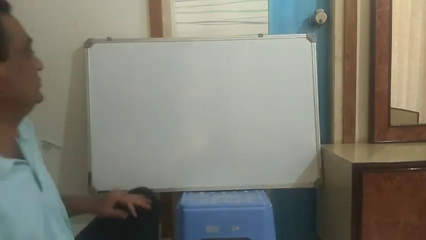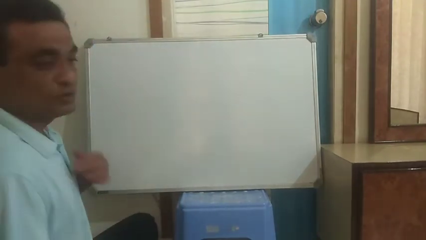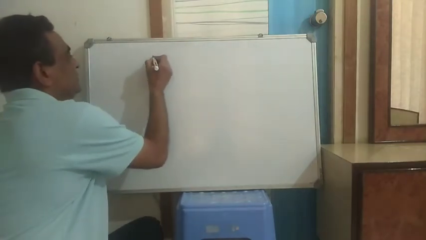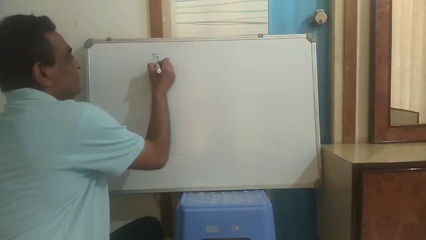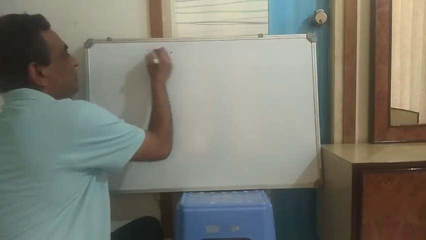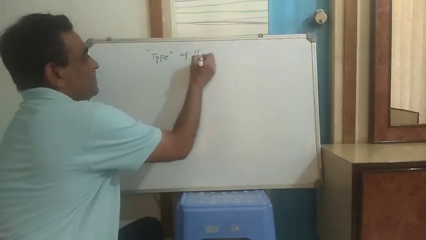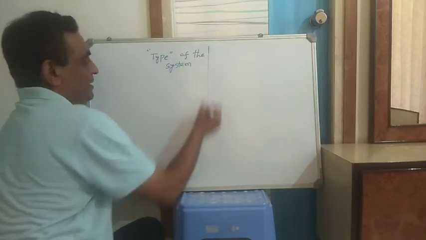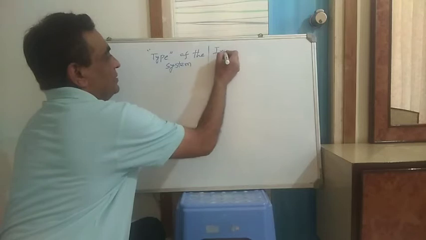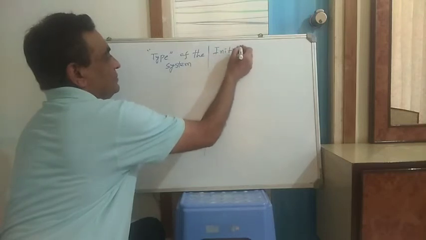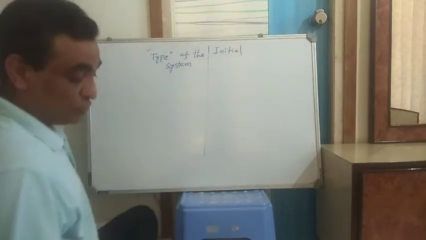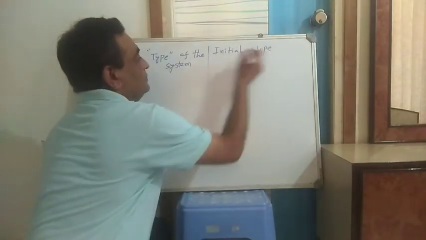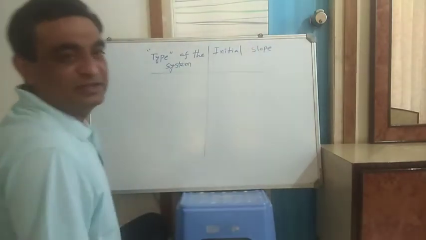All right, so there is a rule for that. The rule is something like this: type of the system and initial slope.